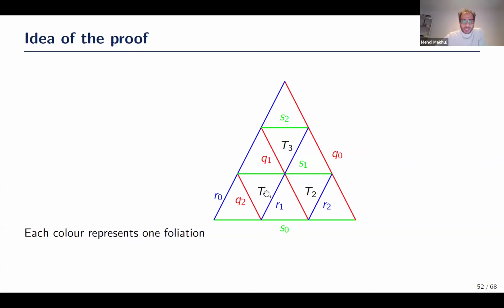So now look at an octahedron over this triangle T1. The faces of this octahedron must be contained in these planes: P0, P1, and Q1, Q2, R0, R1, S0, S1.